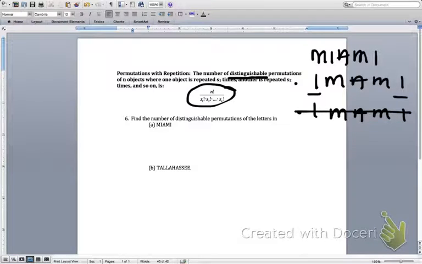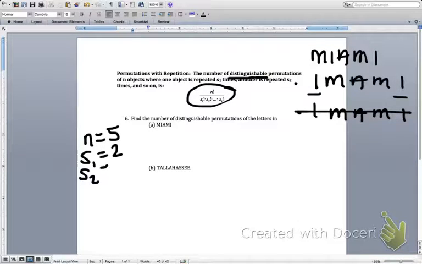So n is the number of objects there are. So in the first case, n is going to be 5, because there are 5 letters in Miami. S sub 1 is going to be the number of times one of your objects is repeated. So if I look at Miami, I have 2 M's. So we'll say S sub 1 is 2, because there are 2 M's. I also have another object that is repeated, so I'm actually going to have an S sub 2 in this case.